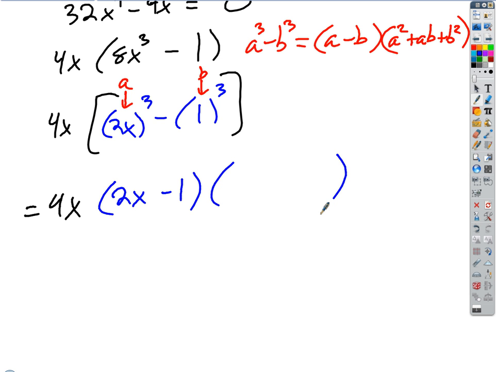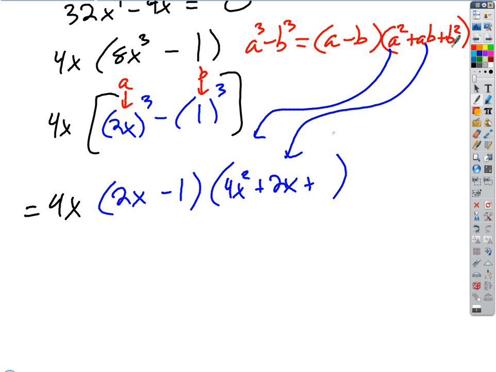Now, we could factor this out, and if we did, a squared would just be the quantity 2x squared, right? 2x times 2x, which would be 4x squared plus 2x times 1 plus 1 squared, but we don't even care.